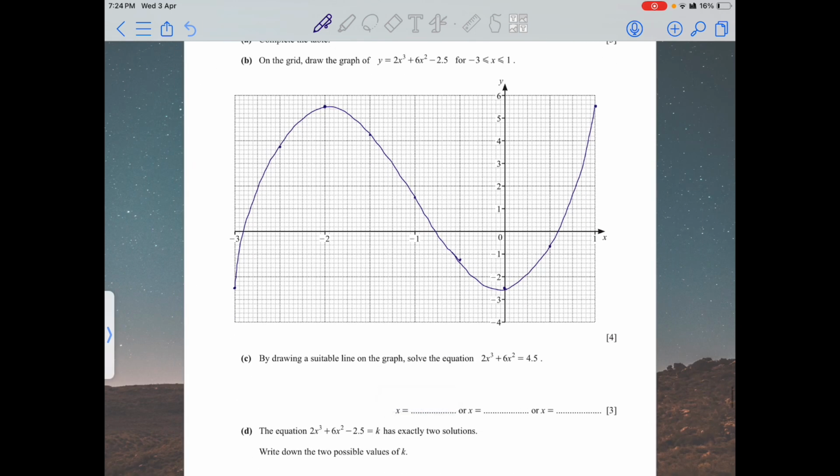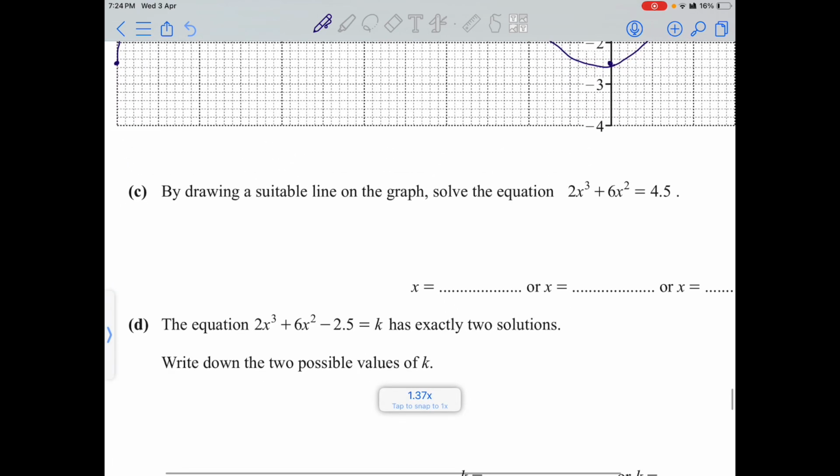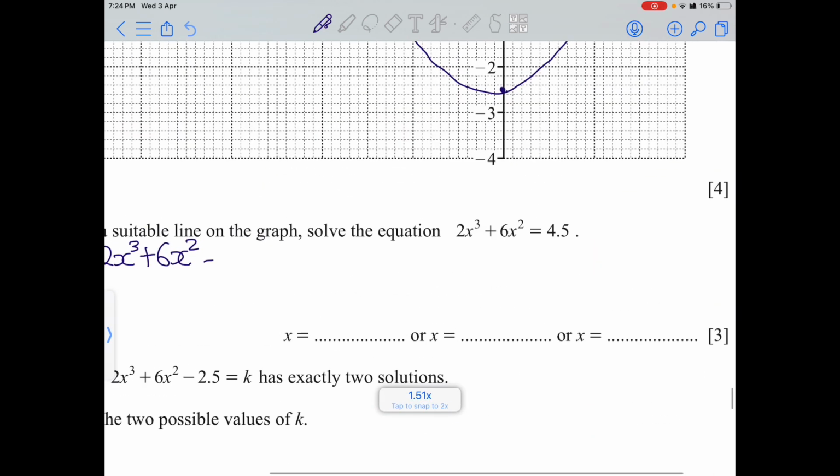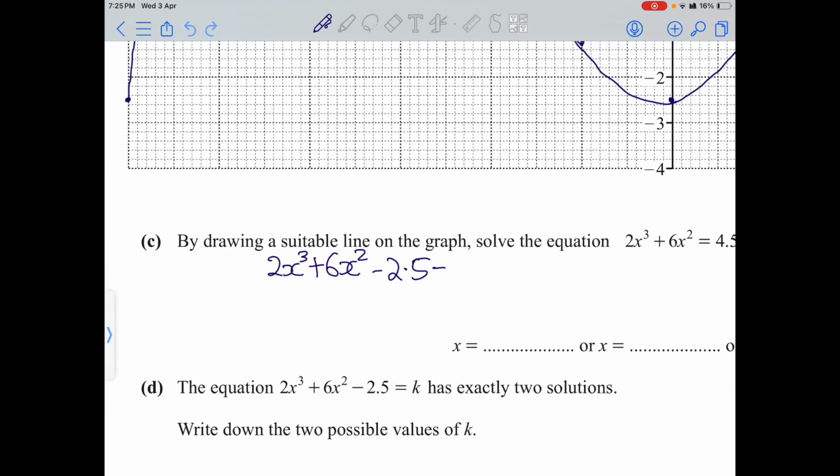Then it says, by drawing a suitable line on the graph, solve the equation 2x cubed plus 6x squared equals 4.5. Currently, the equation that we have is 2x cubed plus 6x squared minus 2.5.